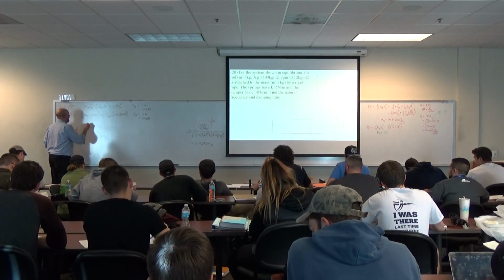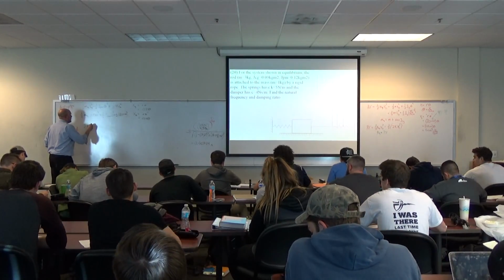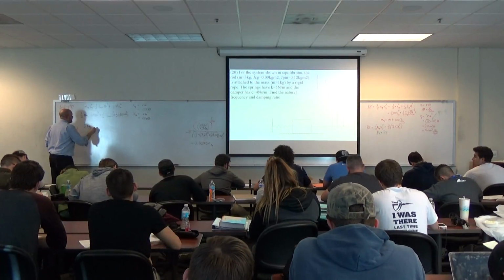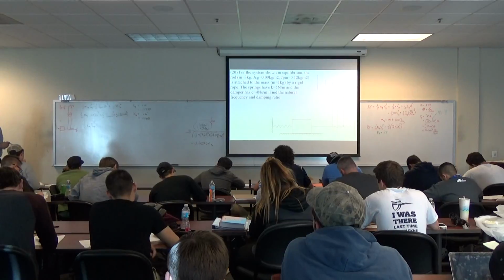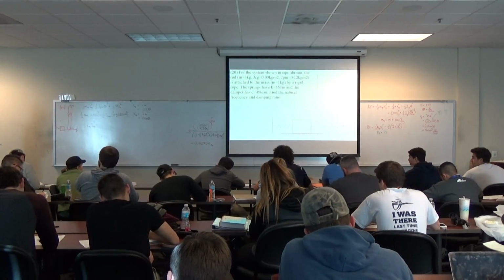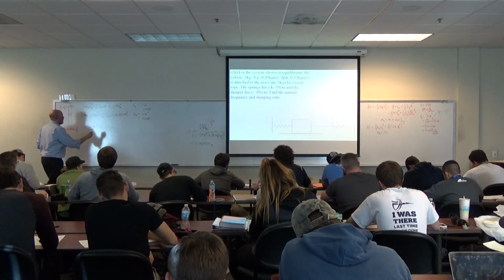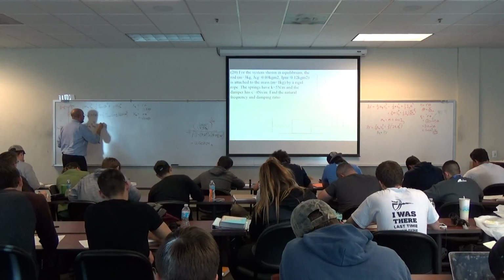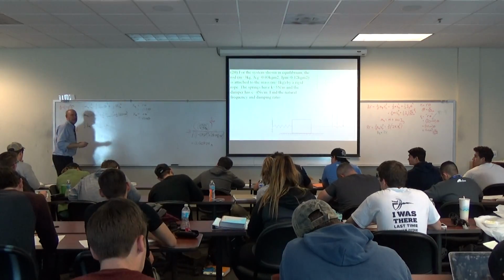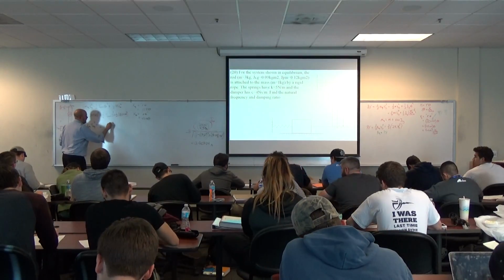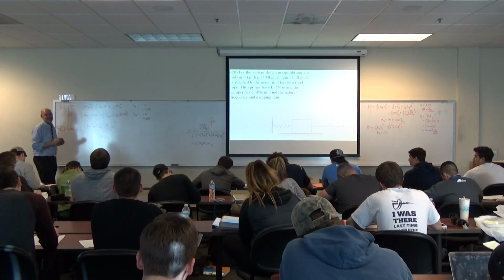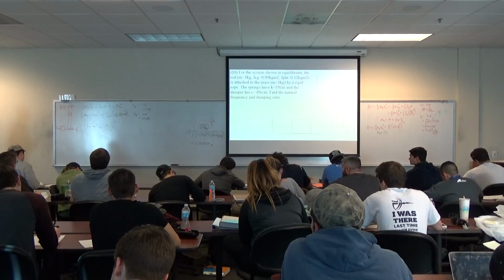So 1/2 k equivalent x equivalent squared is equal to what? 1/2 2k xs squared, which happens to be the same as xm squared.